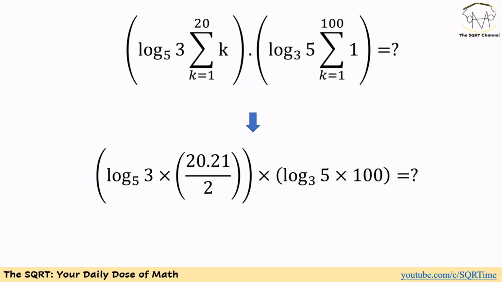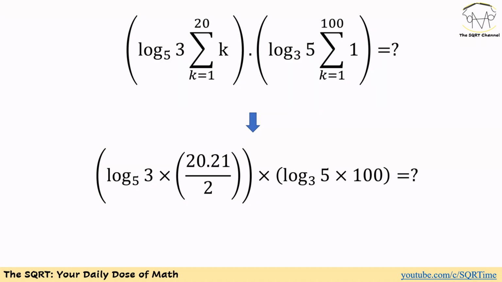We can simply write it as log of 3 in base 5 times 20 times 21 over 2 times log of 5 in base 3 times 100. To verify it, we kept log of 3 in base 5 as is. We evaluated the sigma k equal to 1 to 20 over k and wrote it as 20 times 21 over 2.